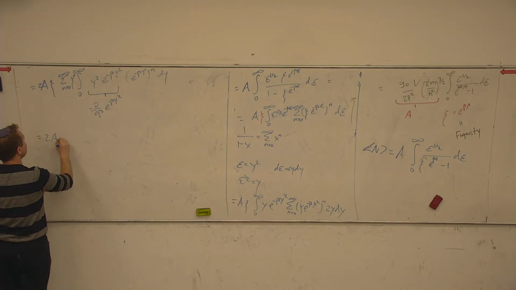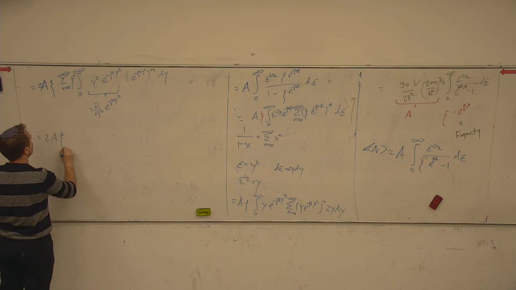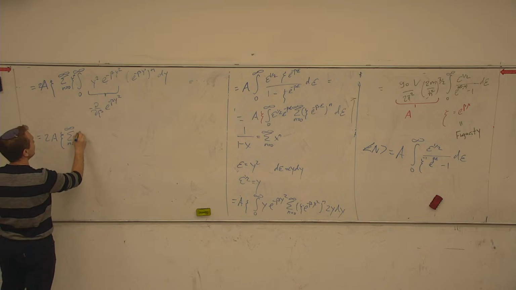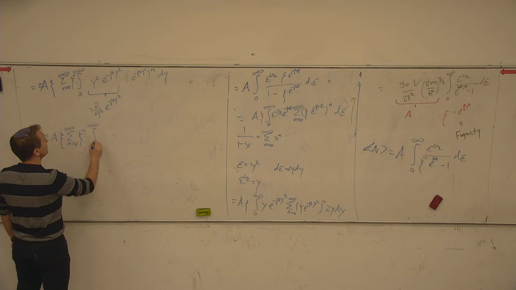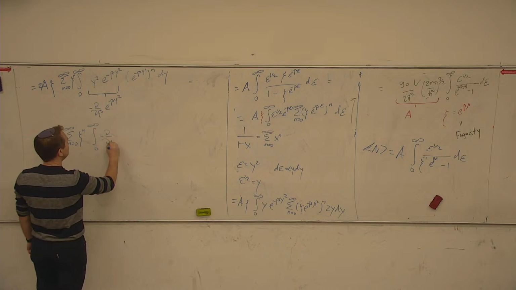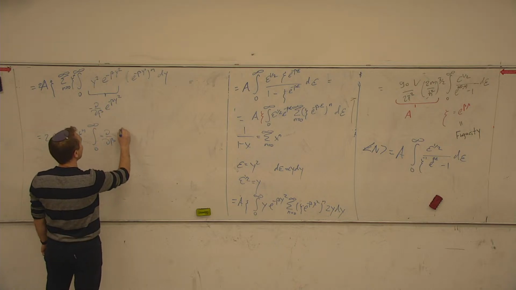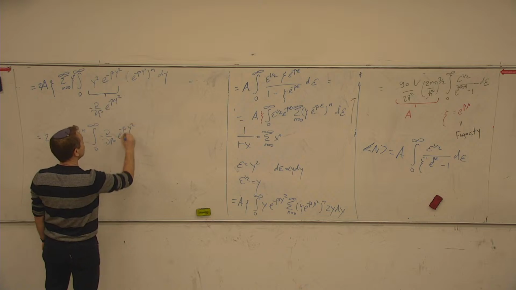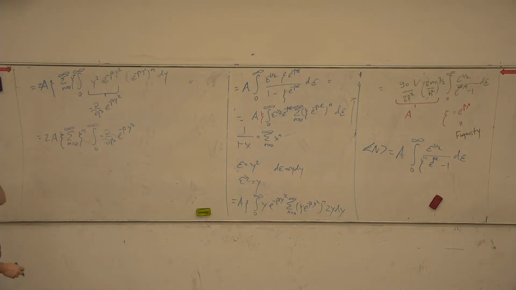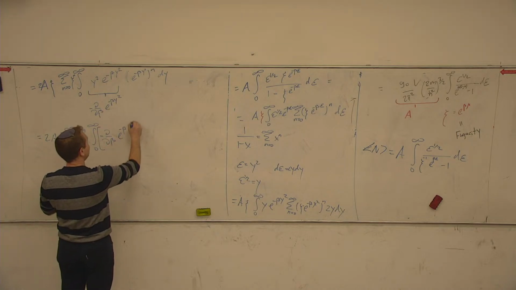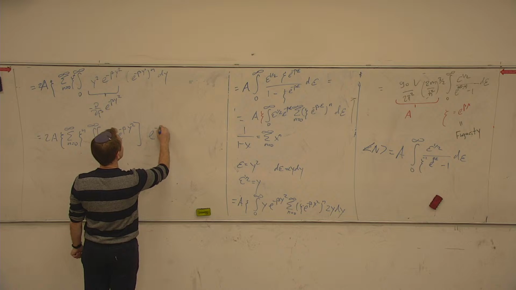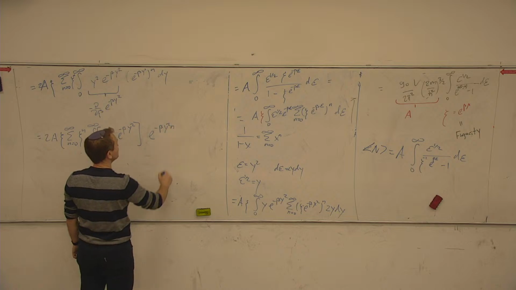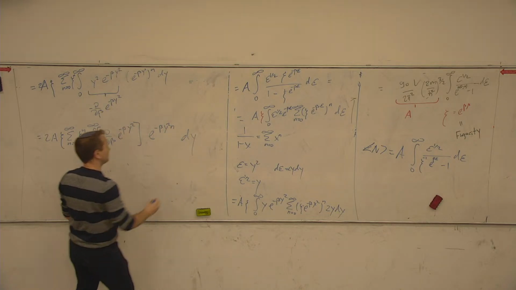So I have 2 times the fugacity, a sum n from 0 to infinity, fugacity to the power n, an integral from 0 to infinity, minus d over d beta of e to the power minus beta y squared, times e to the power minus beta y squared to the power n, dy.